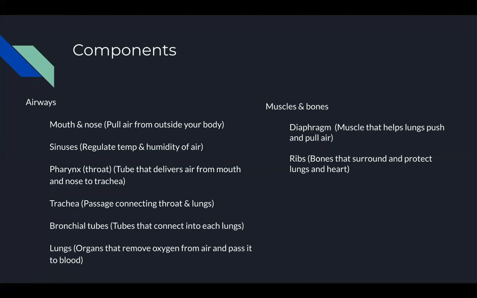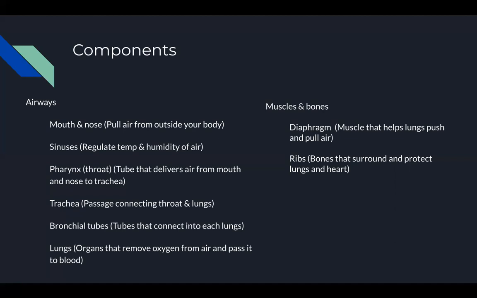The bronchial tubes are just the trachea splitting into two. Then you have bronchioles, which are the bronchial tubes splitting into many. And then you have your actual lungs, which are organs that remove oxygen from the air and pass it into your blood. We went over all of that in the circulatory system.